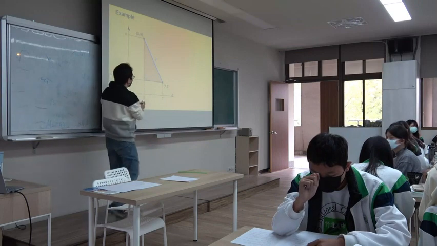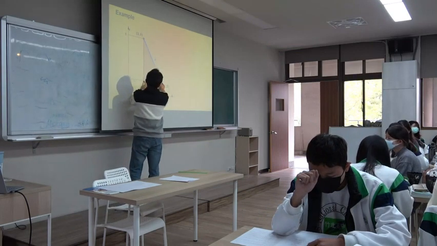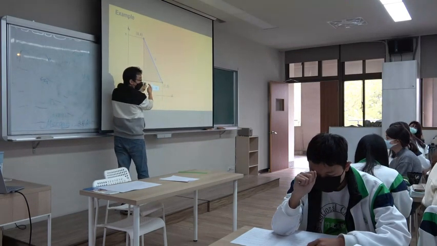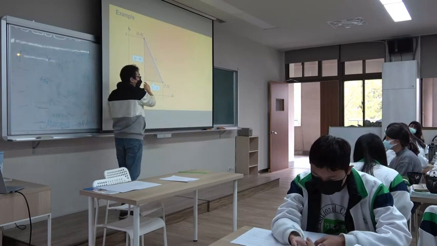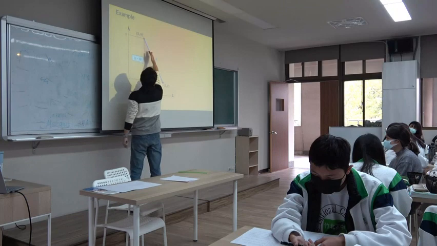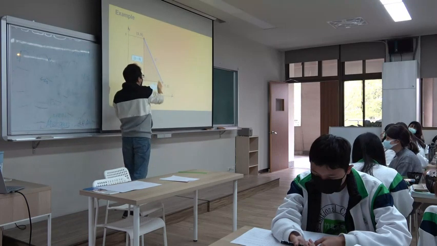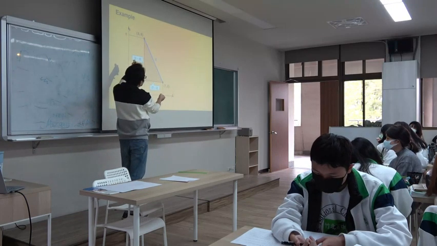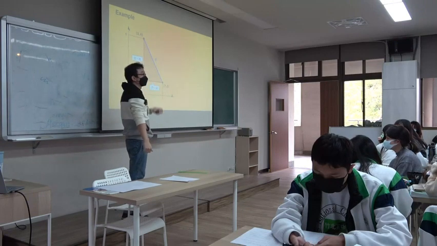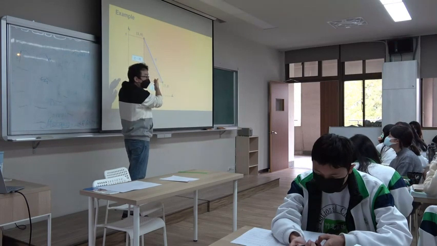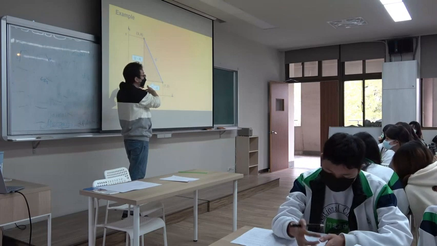Okay, and this is one leg. Okay, this is another leg, and the distance between the 2 points is actually the length of the hypotenuse of this right triangle.